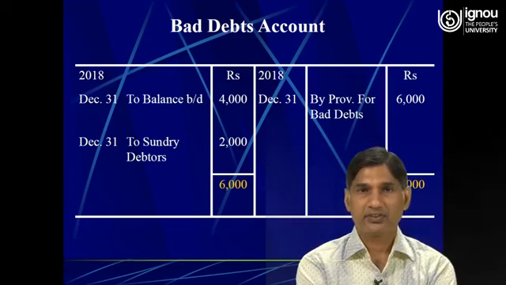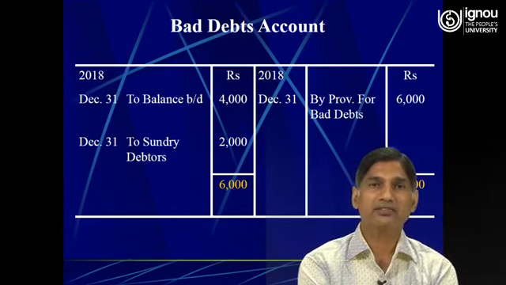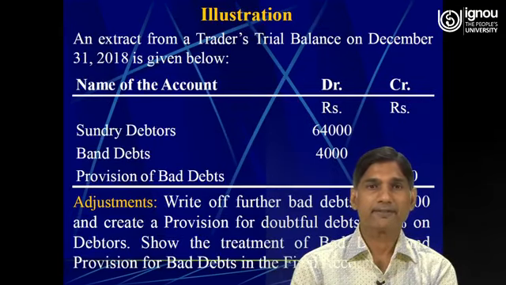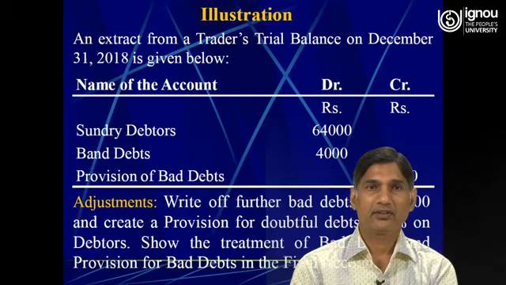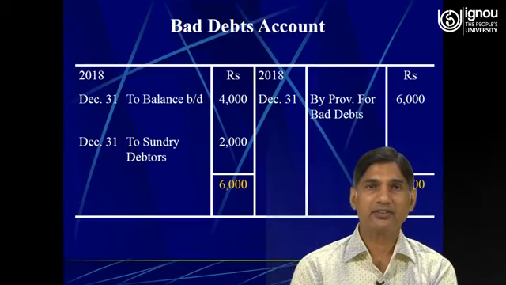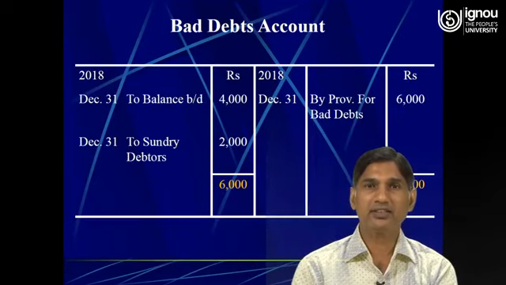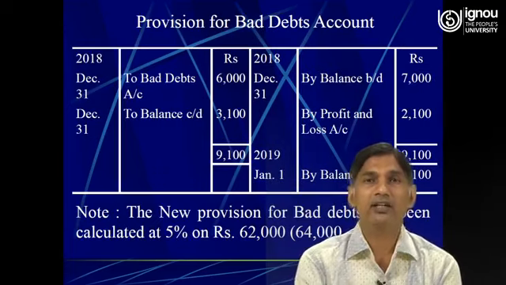See here, bad debts account. Bad debts 4,000 is given, and then 2,000 again bad debts is given, 6,000. So total bad debts is 6,000. Then the next one is provision for bad and doubtful debts.